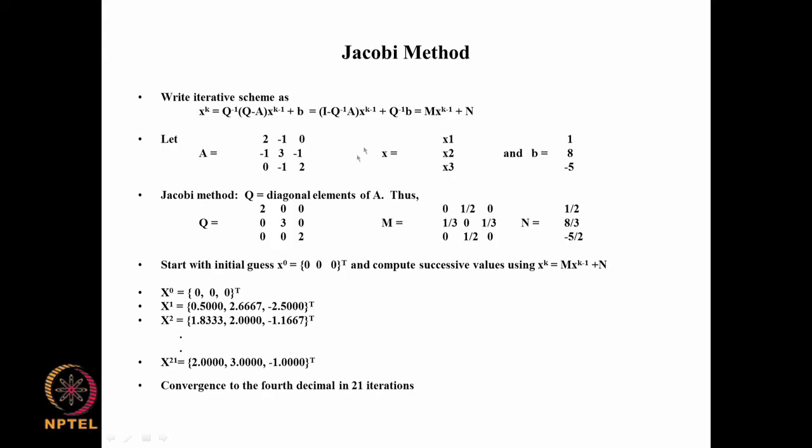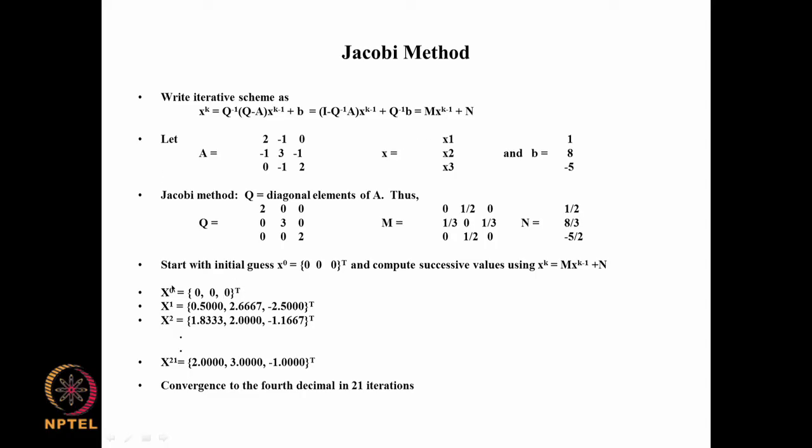You can start with some initial guess, for example 0 0 0 for the 3 variables, and then substitute that here and then get x1, and then you put the x1 back here and then get x2, and then put it back here, get x3, and so that is what you have.